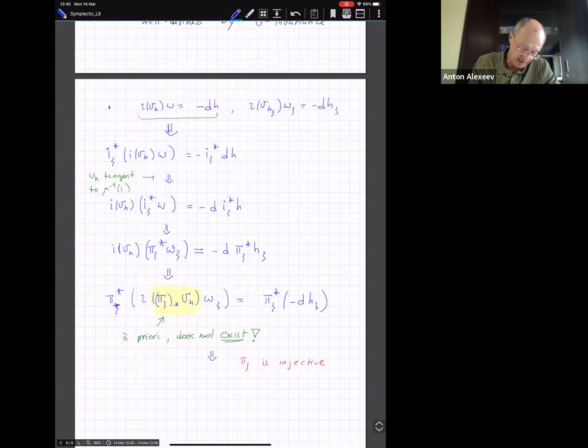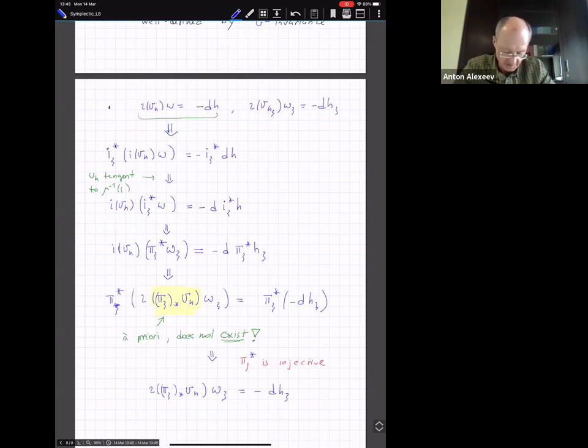This means that I get the following tentative equality, because I can just take away pi psi star, which was injective.